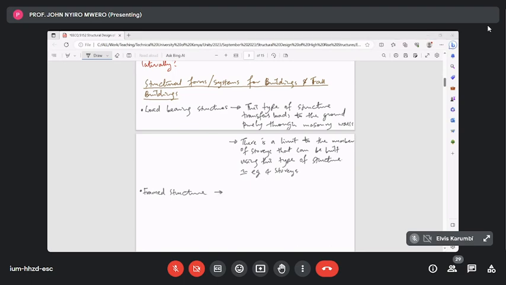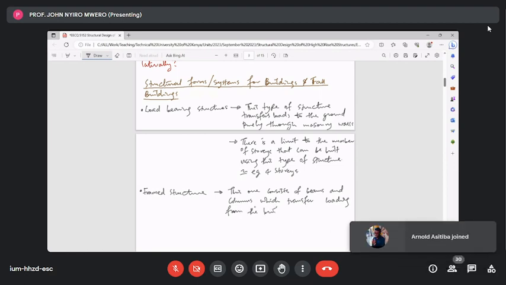This one consists of beams and columns, which transfer loading from the building to the ground.